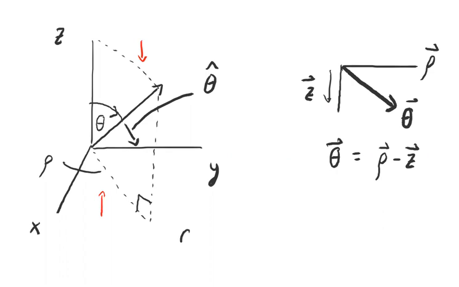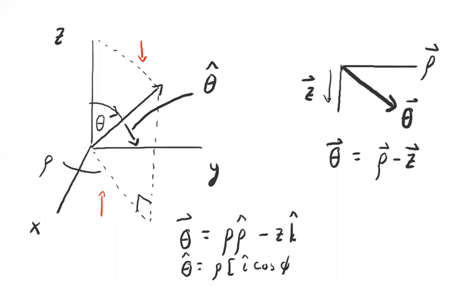So what's theta? Theta is rho times rho hat minus z times k hat. I know what rho hat is. I did that previously. So I can break this expression down into i hat cosine phi plus j hat sine phi.